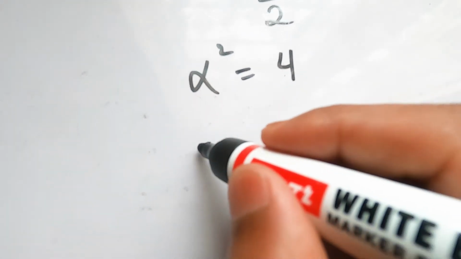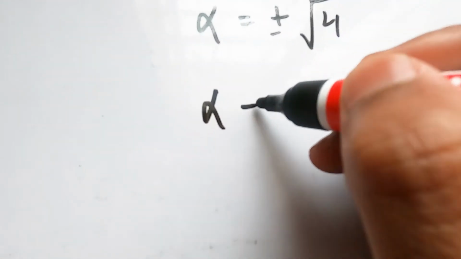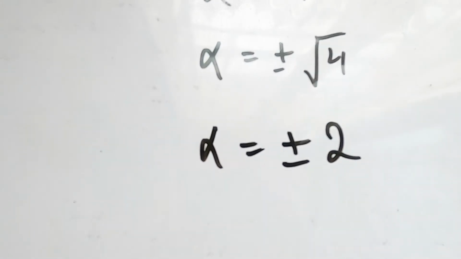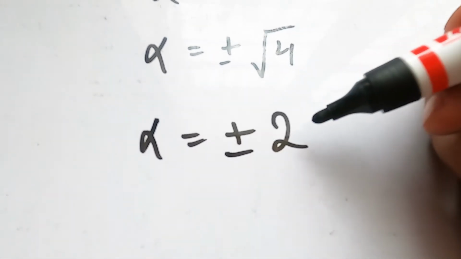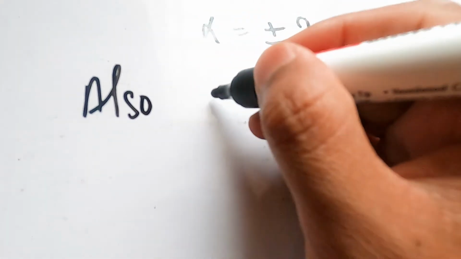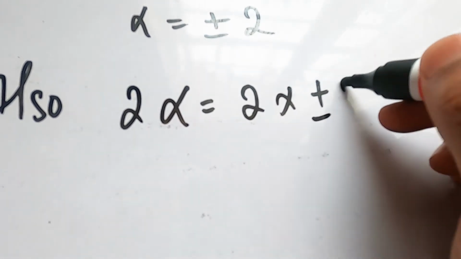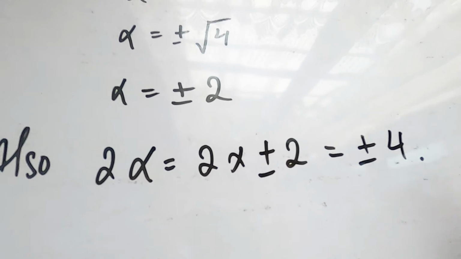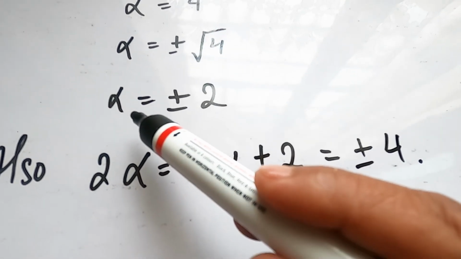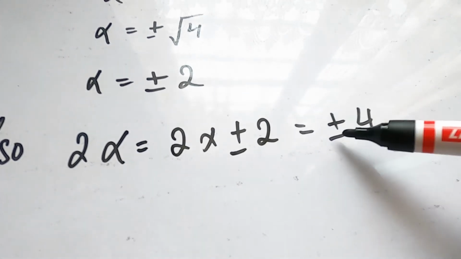All right, so what will be the square root of 4? The square root of 4 will be 2. So we have gotten the value of alpha, and the value of alpha is plus minus 2. Also we have to find the value of 2 alpha. 2 alpha will be 2 into plus minus 2, which is equal to plus minus 4. So there are two values of alpha: one is plus minus 2, and 2 alpha will be plus minus 4.